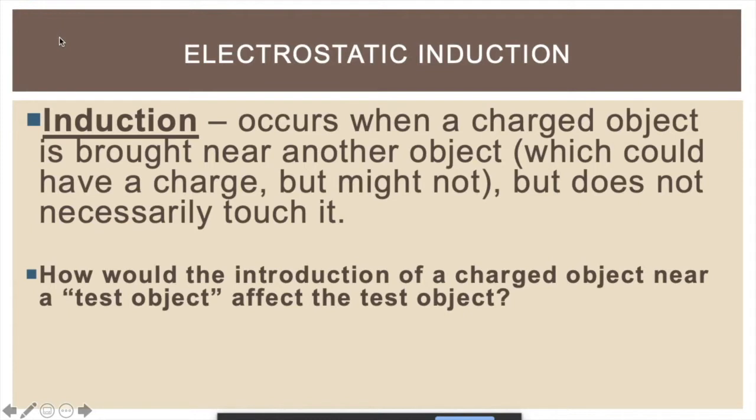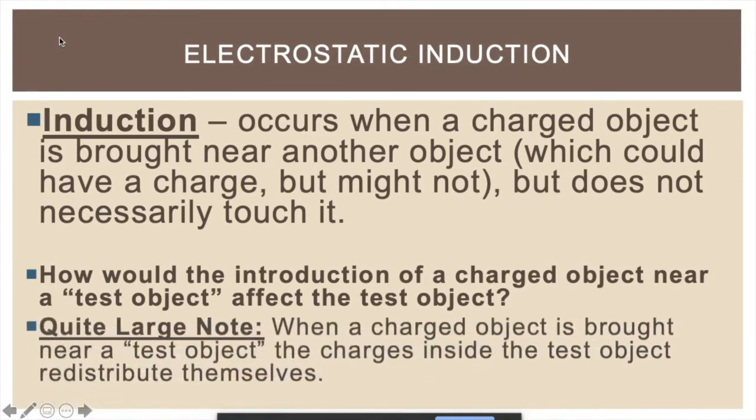And so the basic idea here, and this is a super important point, is that when a charged object is brought near another object, like this test object we're talking about, the charges inside the test object redistribute themselves. That's a key detail. And if you're not quite sure what I mean by that, I'm not surprised by that at all. We're going to have to go through a couple of examples.